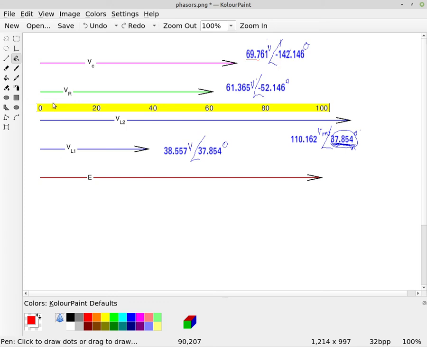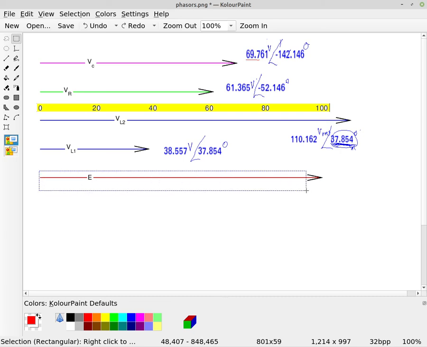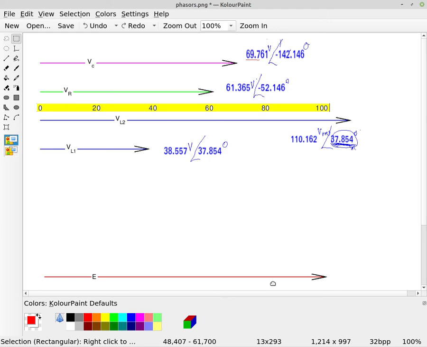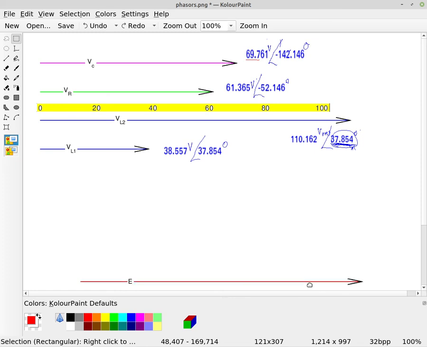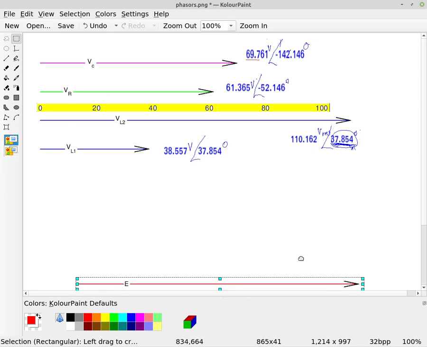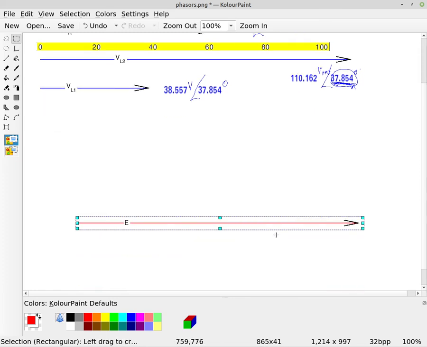So what I want to do is also verify Kirchhoff's voltage law by drawing a phasor diagram. What we're going to do here is take E, the supply voltage, and just drop this down. This is going to be my reference down here, and I'm going to start off down here a little bit.